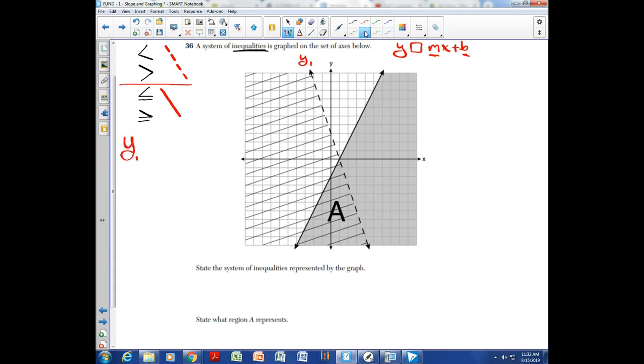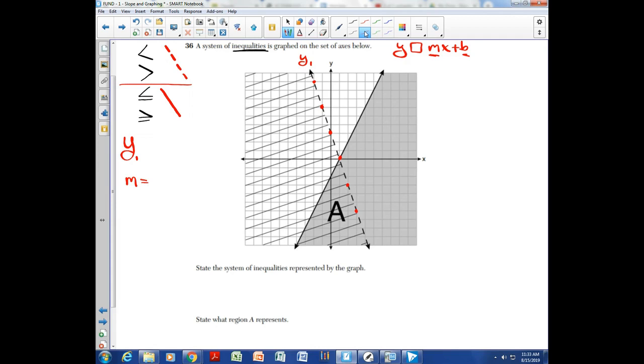Now, one way to find the slope is to try to mark some of the points that exist on this line, like I'm doing right here, trying to find some points that I could use, because if I can find a bunch of points, it's going to be a lot easier for me to find out what my slope is.